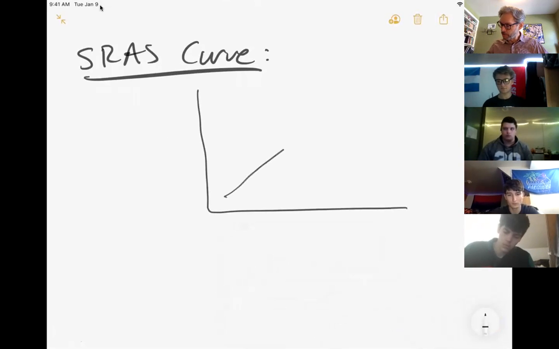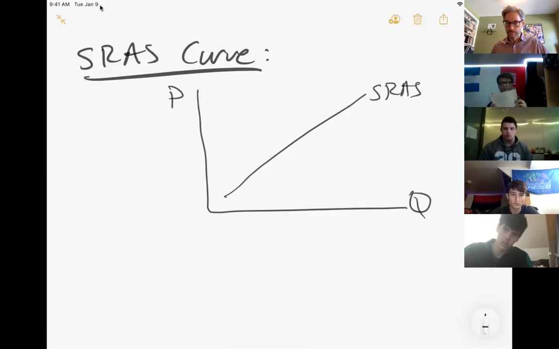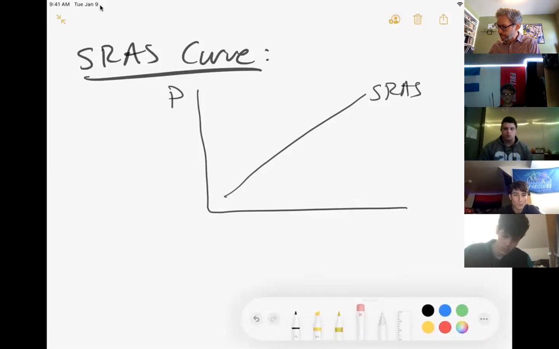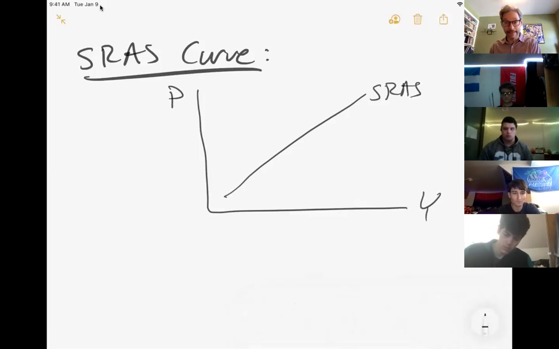So once again, our short-run aggregate supply curve is upward sloping, meaning there's a positive relationship between the price level, I keep on putting Q here, sorry, force of habit, there's a positive relationship between the price level and real GDP.